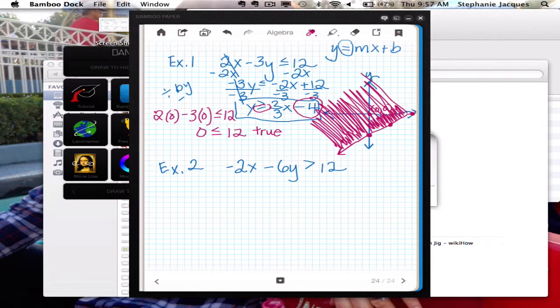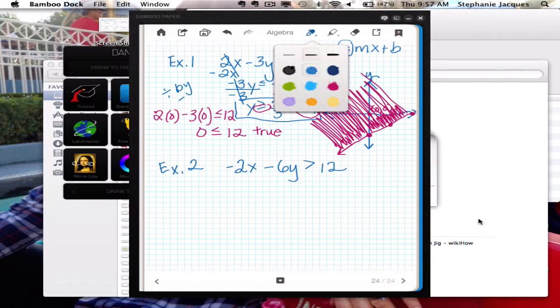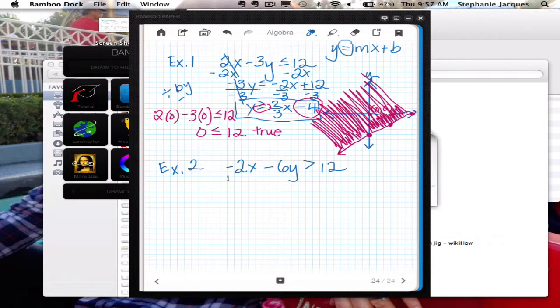Let's try one more. I'm going to go back to my blue color. Now I'm going to put it into slope-intercept form. So I'm going to add my 2x. That leaves me with negative 6y is greater than 2x plus 12.